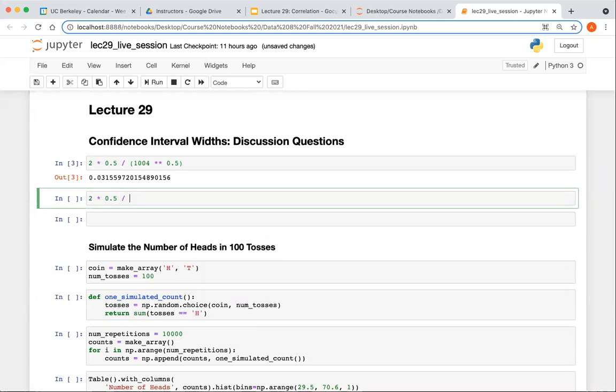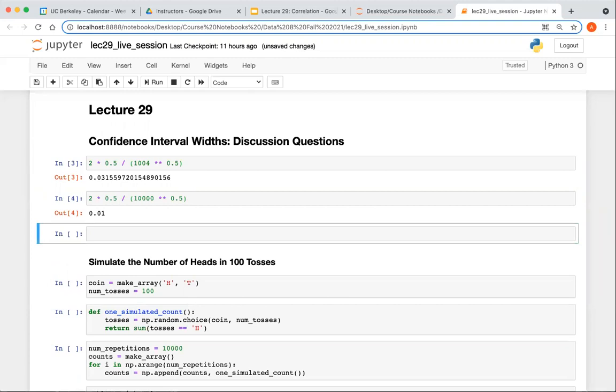And so now 10,000 times 0.5. Before I run that, sample proportion SD and margin of error are the same. The margin of error is twice the sample proportion SD. Okay, so I'm going to run this thing.